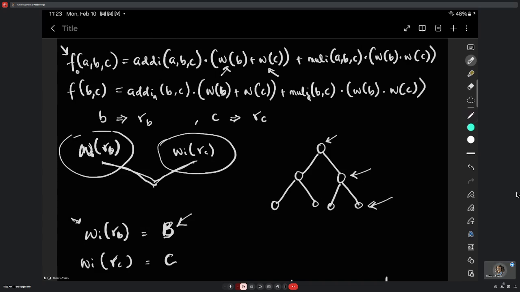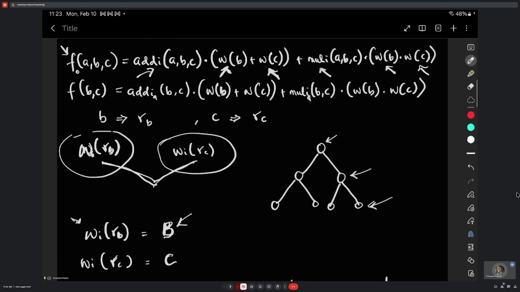But the answer now is that the verifier can generate this guy and this guy. So the only thing the verifier doesn't trust is this one and this one. Is it making sense? So this WB is still the same thing with this one, and this WC is still the same thing with this one. It's still the W polynomial for the layer beneath, that is feeding into that layer.